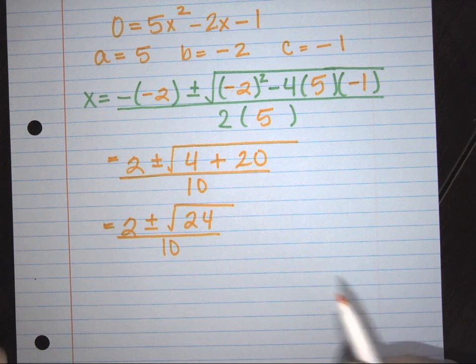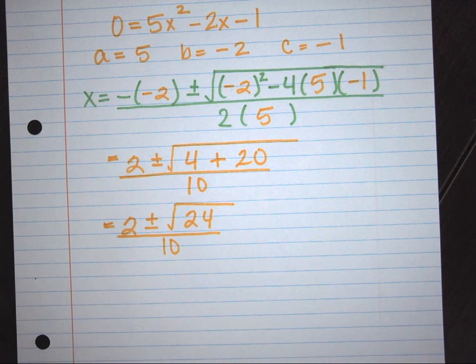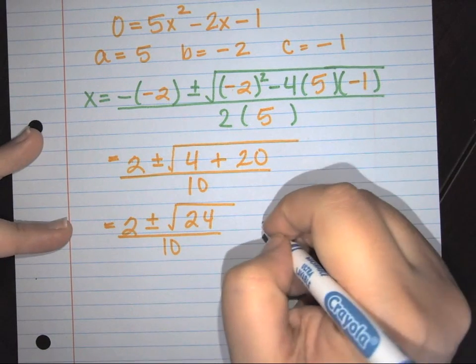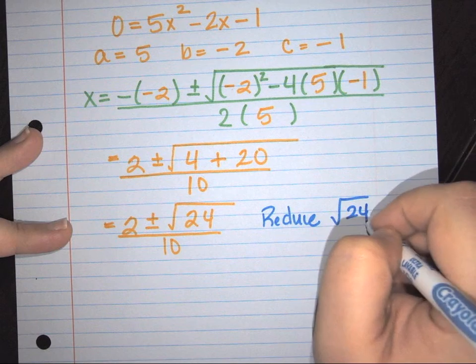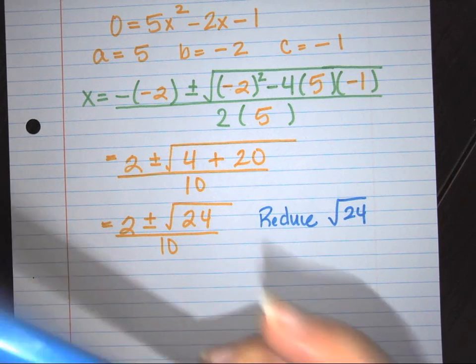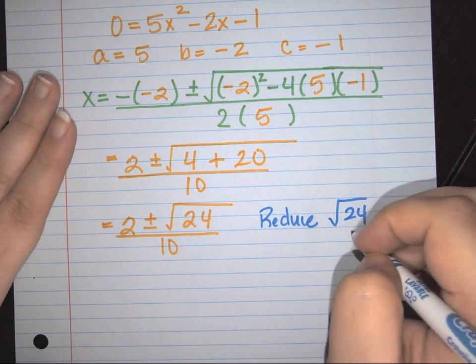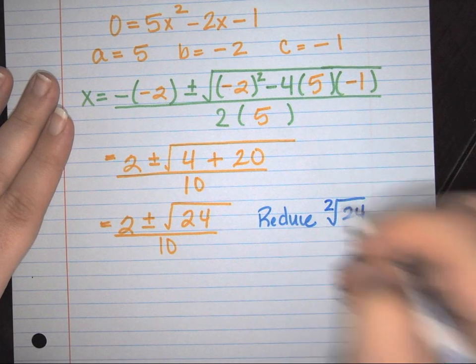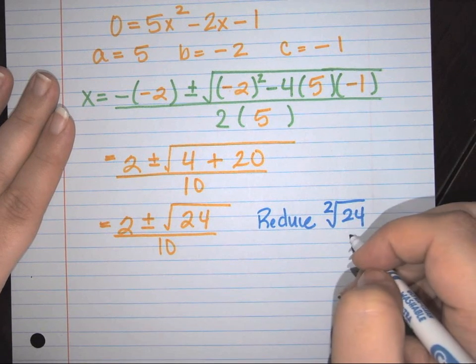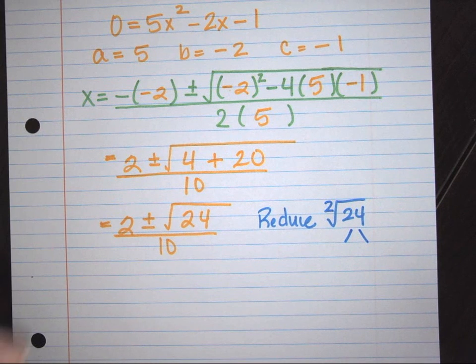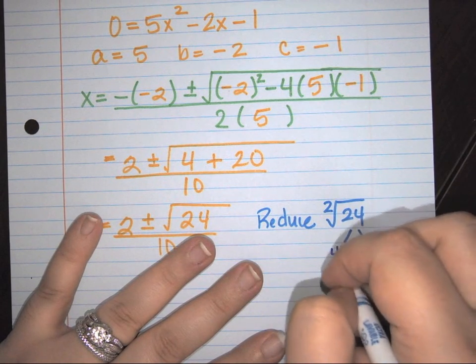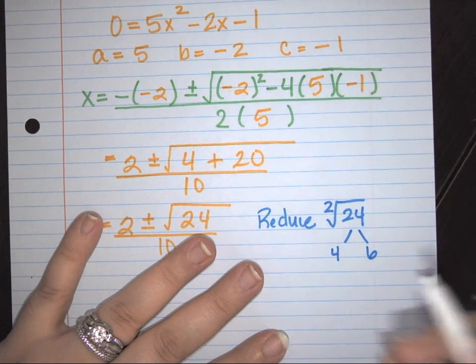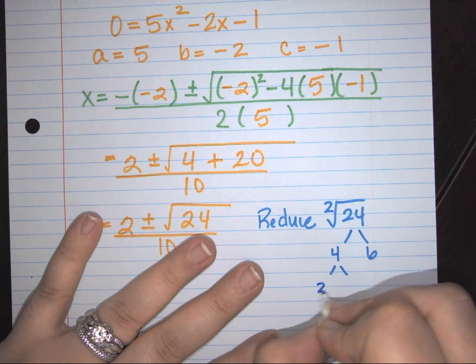Now you can't stop here, because what we can actually do is reduce the square root of 24. So the way we do that is we look at how 24 breaks down, and my index here for it being squared is 2. So I need to break my 24 down so that I can create a group of 2. So right off the bat, I know 24 can break into 4 times 6, and I know my 4 breaks down into 2 times 2.